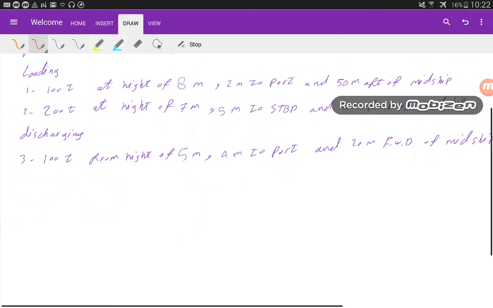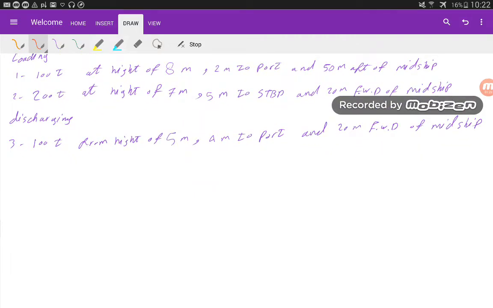Before starting anything, we have to consider which side we want to mention as positive and negative. All the time, draw a simple sketch for yourself. Draw a vessel. This is the keel point, and this is the vessel.